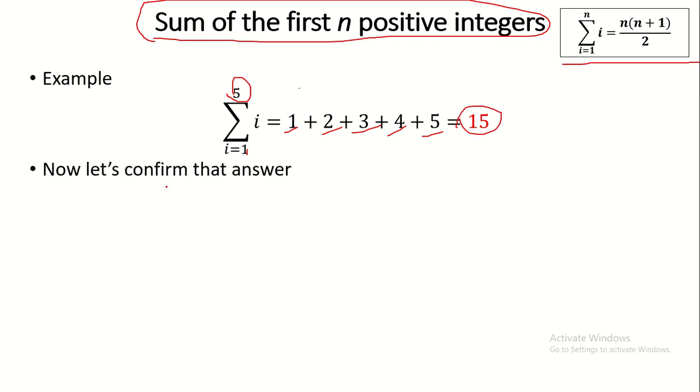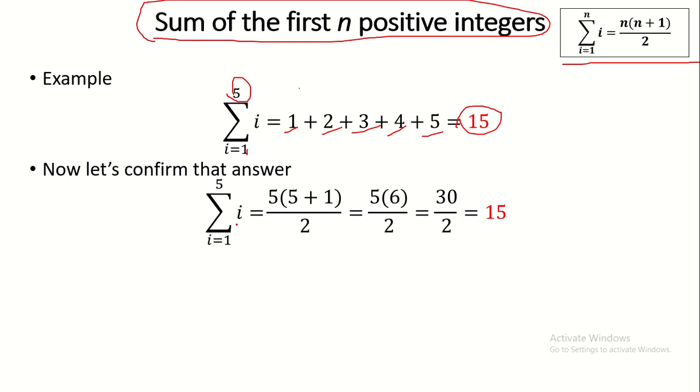So now let's confirm whether the answer is the same if we apply the formula. So we have the summation of i from i equals 1 up to 5. Our n is the number on top of the sigma notation, so n is equal to 5. Applying the formula, we have n times n plus 1, and our n is 5.